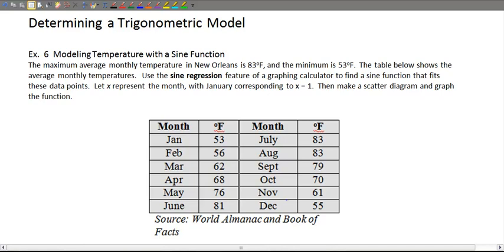So I'm going to walk you through the steps to be able to do what we would call a regression. And in this case, because we know that this is going to be something similar to a sine function, we're going to do a sine regression.